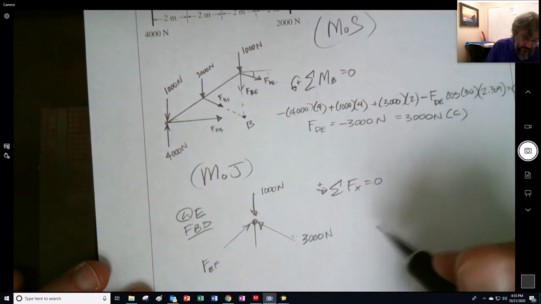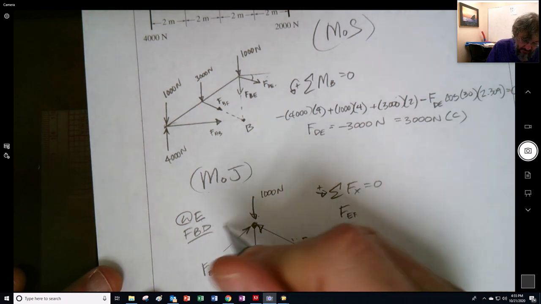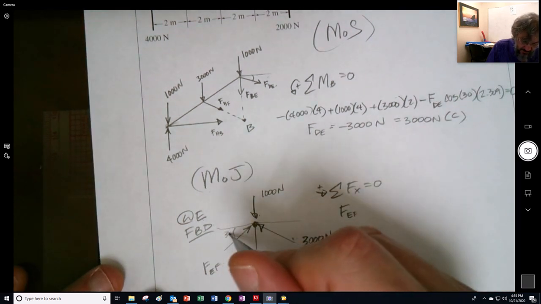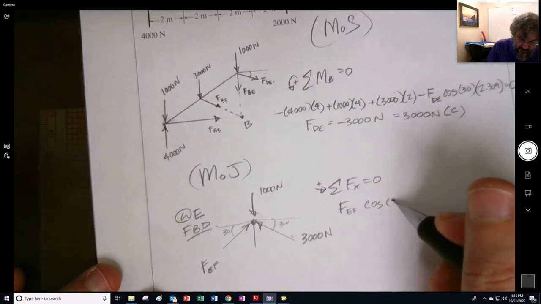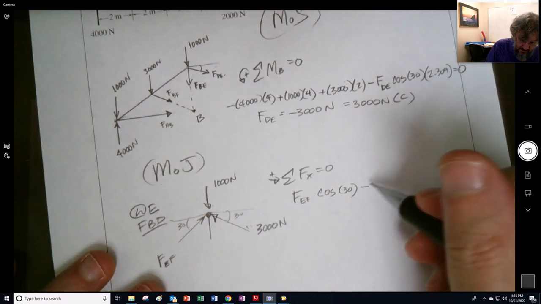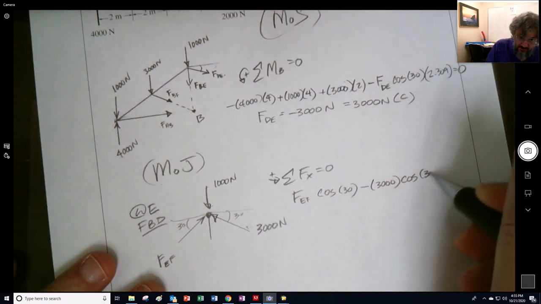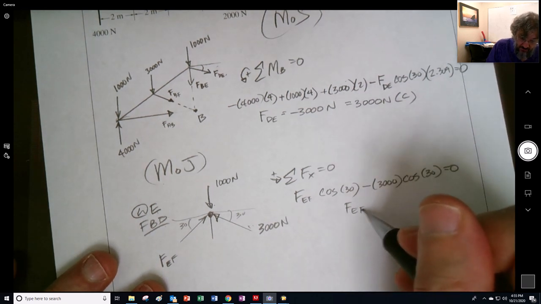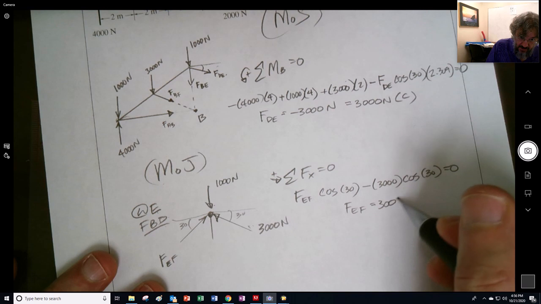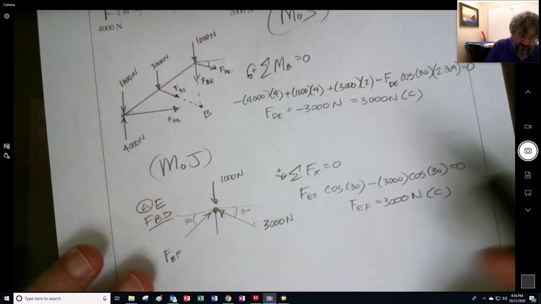Just from inspection, you should be able to say FEF, and this is 30 degrees right here, cosine 30 minus 3,000 cosine 30 equals 0. Therefore, FEF is equal to 3,000 newtons. It's compression, because it's pointing at the joint.